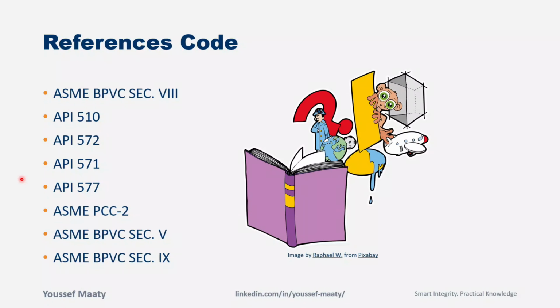Inspectors should understand welding methods, limitations, advantages, and metallurgy. Another important code is ASME PCC-2, which covers repair methods. It provides guidance for developing repair procedures and selecting suitable repair techniques. ASME Section V covers NDE methods, while ASME Section 9 covers WPS, PQR, and welder qualification.